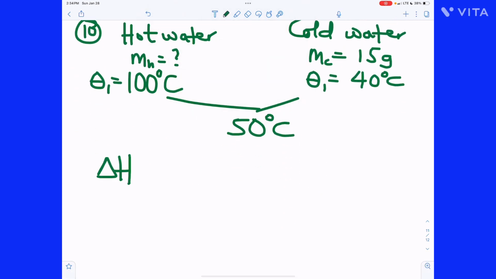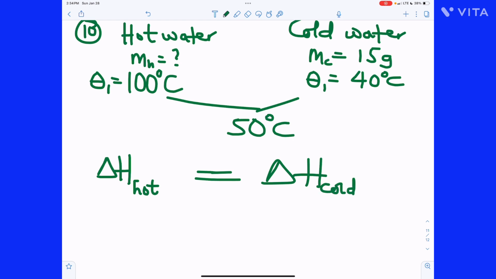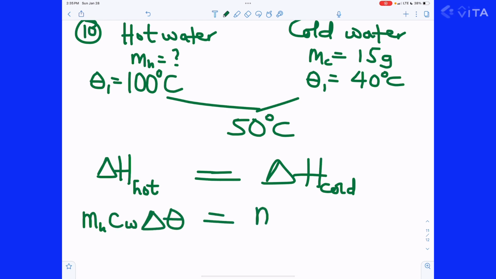Heat lost by hot water is equal to heat gained by cold water. Heat lost by hot water will be mass of hot water times specific heat capacity of water times change in temperature of hot water. Heat gained by cold water is mass of cold water times specific heat capacity of water times change in temperature of cold water.